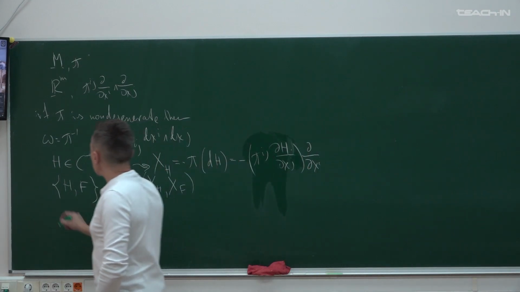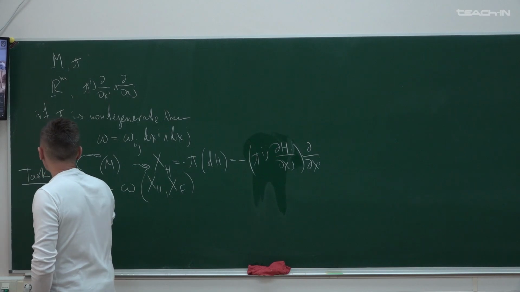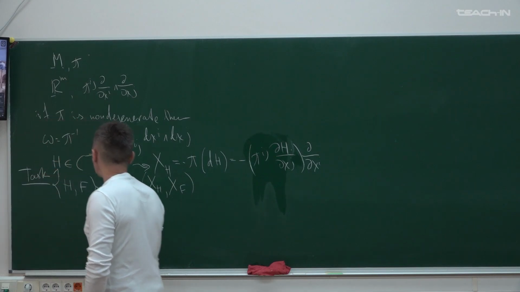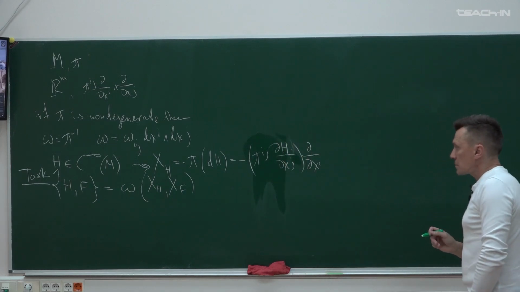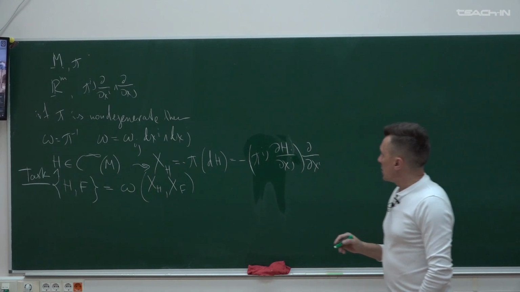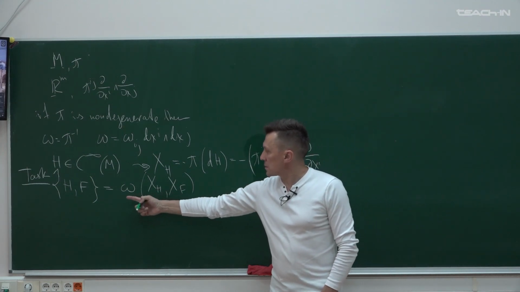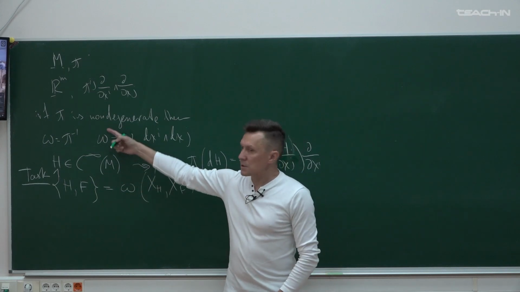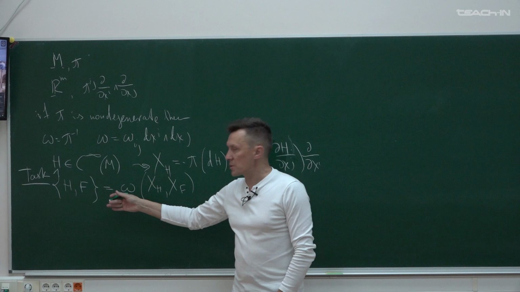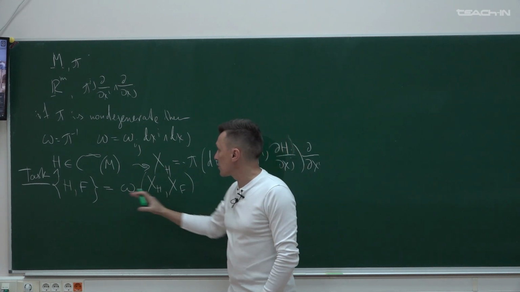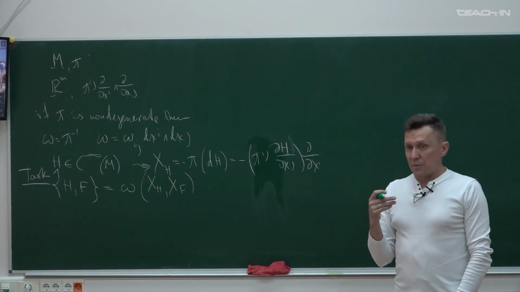So maybe it will be task 1 for the homework to verify this formula. But it is principal for us that the symplectic form in the situation of the non-degenerate Poisson structure encodes principally the same information. So we can calculate the Poisson bracket with the help of the symplectic form.